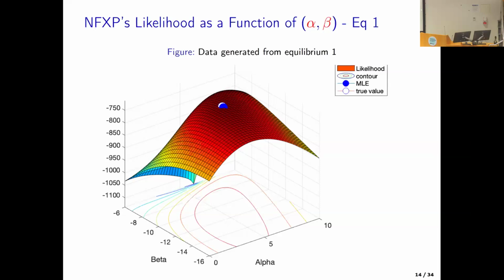I calculate the likelihood for all these different values of alpha and beta, and that's done by computing all equilibria and taking the most likely one, and then you put that into the likelihood function. That's what I plotted. Okay, so that seems pretty easy, right? We're getting very close to the true value with maximum likelihood. Good news.